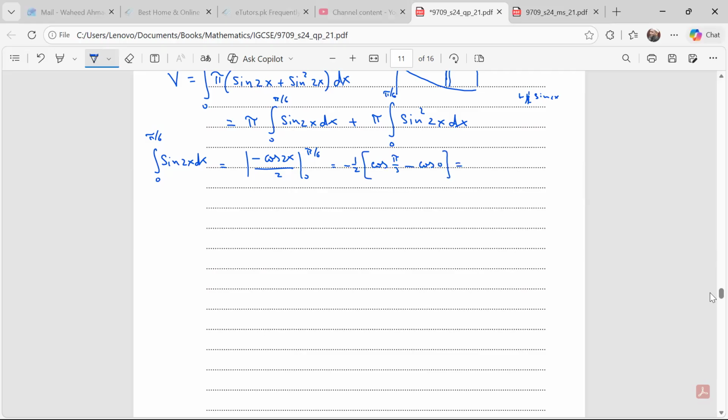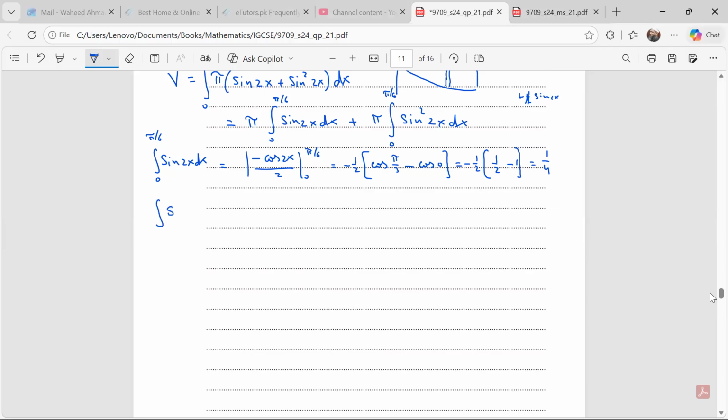Now, cos of pi by 3 is half, right? So this is minus 1 by 2 times half, minus cos 0, which is 1. So 1 by 2 minus 1 is minus 1 by 2, and minus 1 by 2 times that will be plus 1 by 4, right? So this integration was very easy.